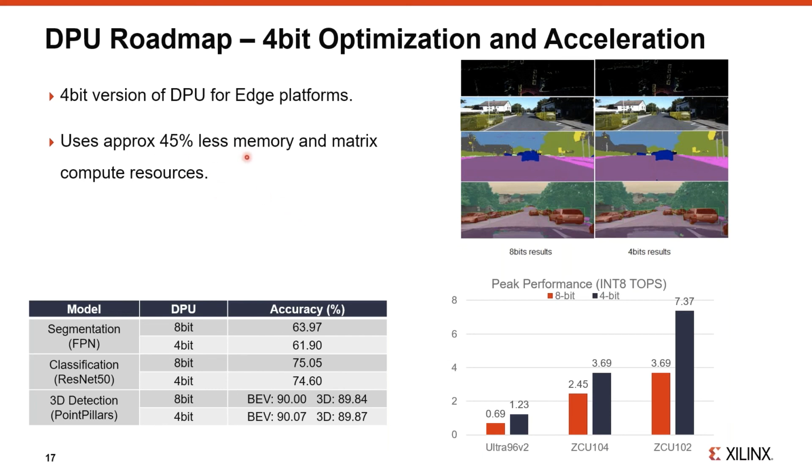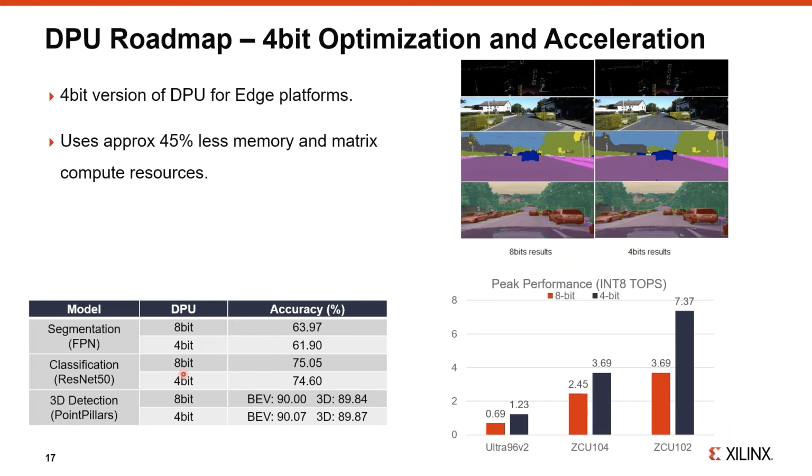This 4-bit DPU gives you the option of either half the amount of memory and compute resources, or you can almost double your performance with the same memory and compute resources. So let's look at some examples here. A semantic segmentation with an FPN network. There is a slight drop in accuracy as we move from 8 bits to 4 bits.